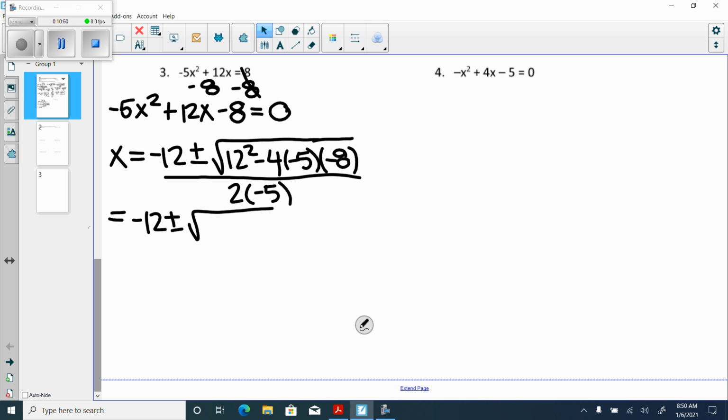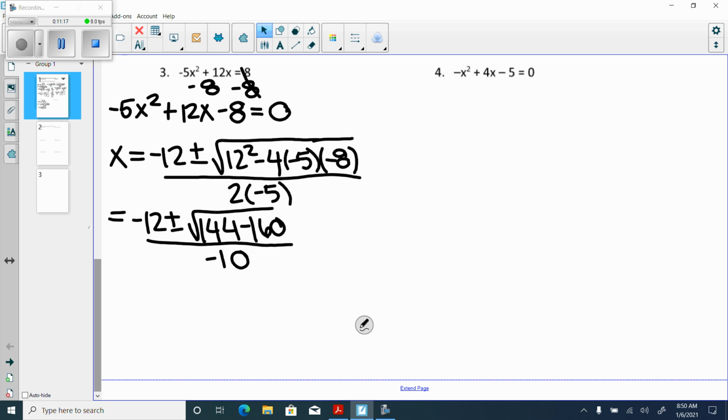Right. And what is 12 squared? Very good. And then we have to multiply our numbers, right? So we've got negative 4 times negative 5, which is going to give us positive 20. So then we got 20 times negative 8. So minus 160 all over.